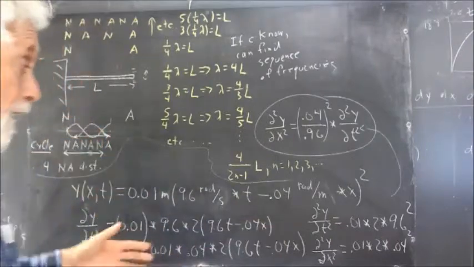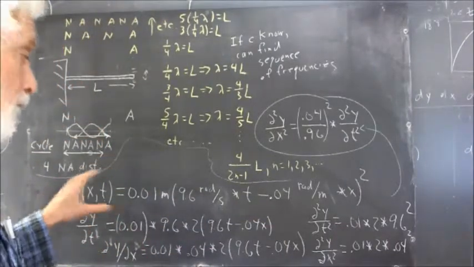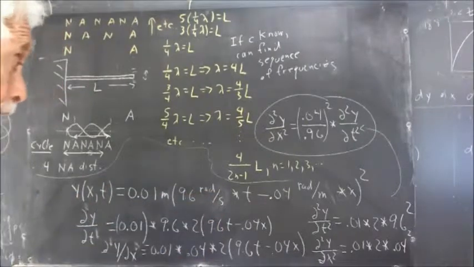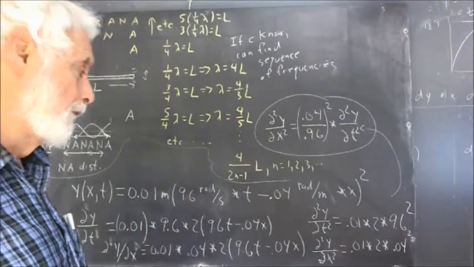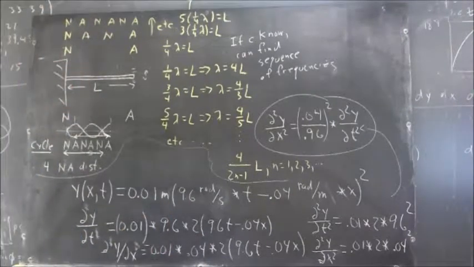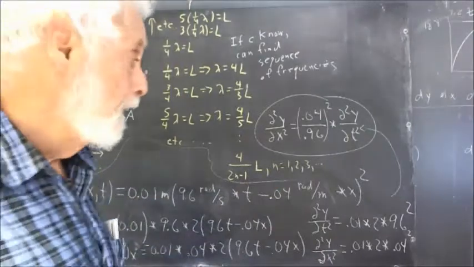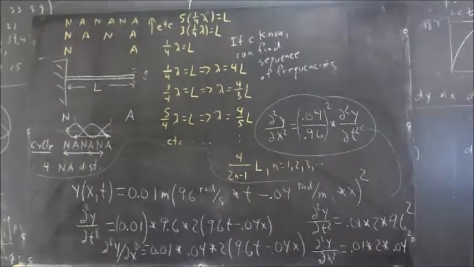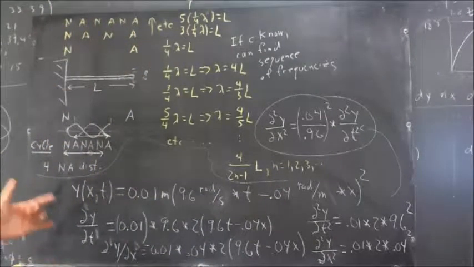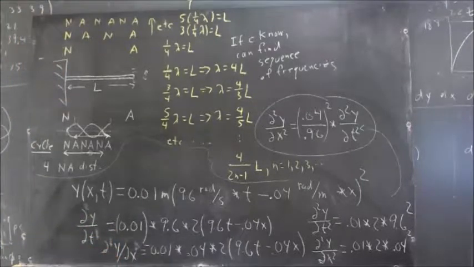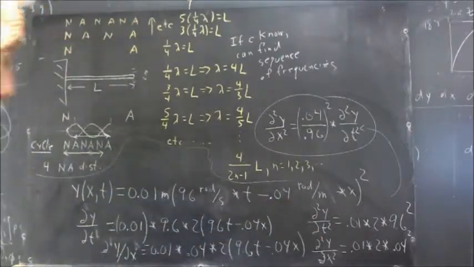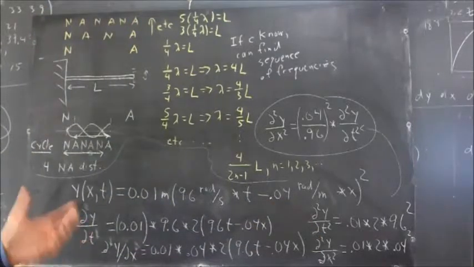But the idea here is just to show that this function satisfies the wave equation, and with a little hand waving, the squared radians multiplied by the meters here could end up with the result of meters. So it's not inconceivable that it would work. The units actually work out if you carry them all the way through, as far as verifying that the second derivative of y with respect to t and the second derivative of y with respect to x, which we calculate over here, have the relationship that they should have.